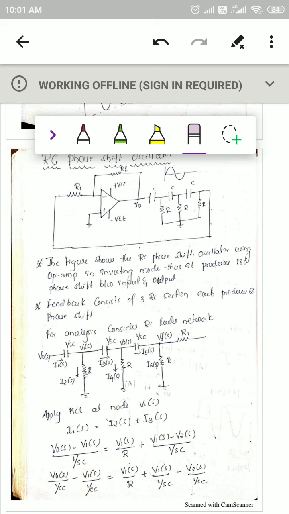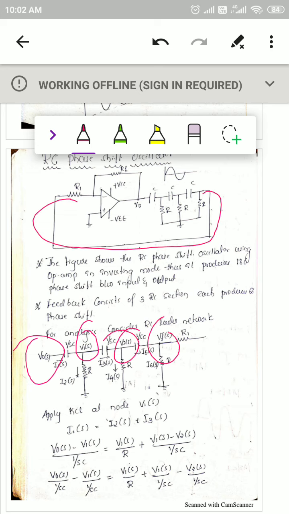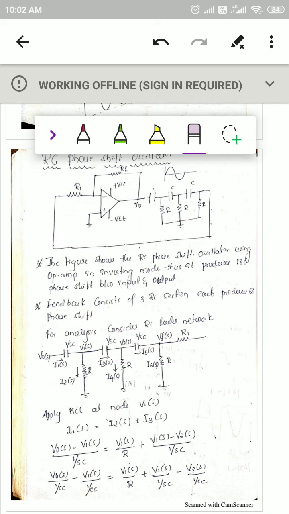The output of the inverting amplifier is V0 of S. Next it is V1 of S, V2 of S, and VF of S, that is the feedback voltage. All the resistance values are as they are; I am only changing the capacitance into 1 divided by SC.